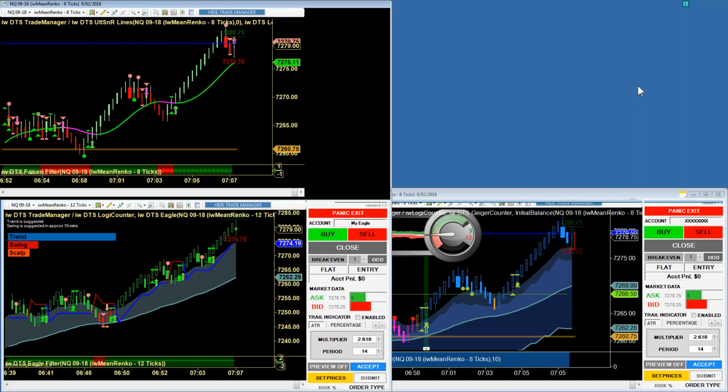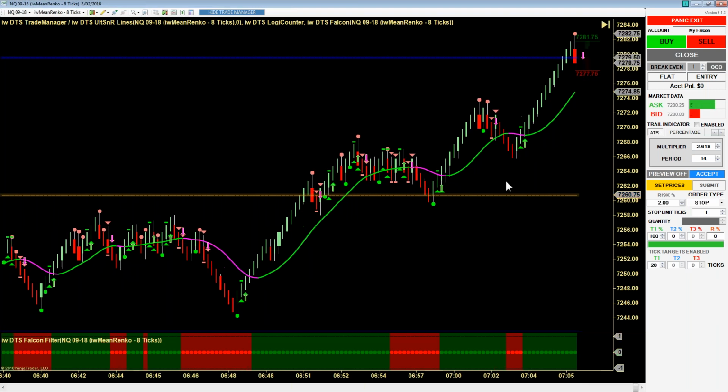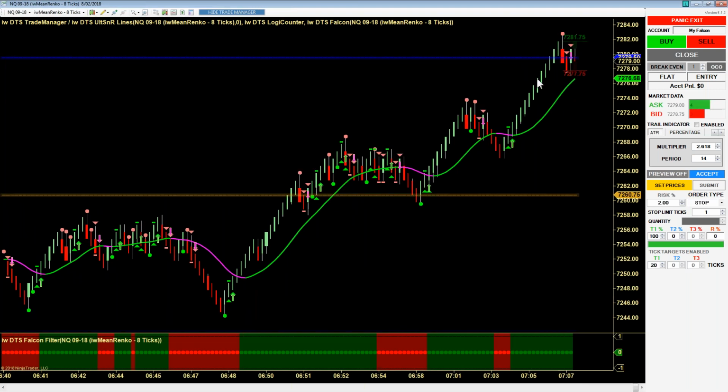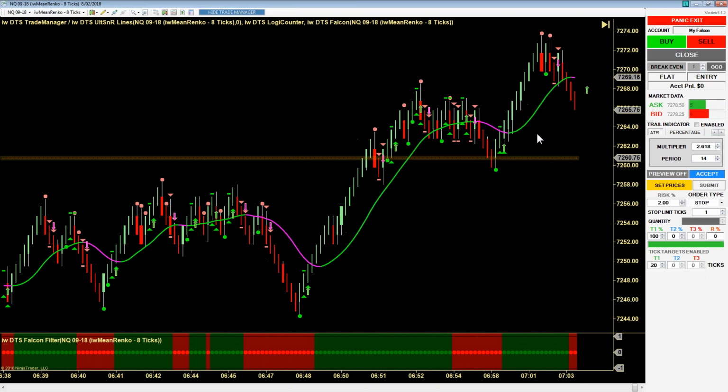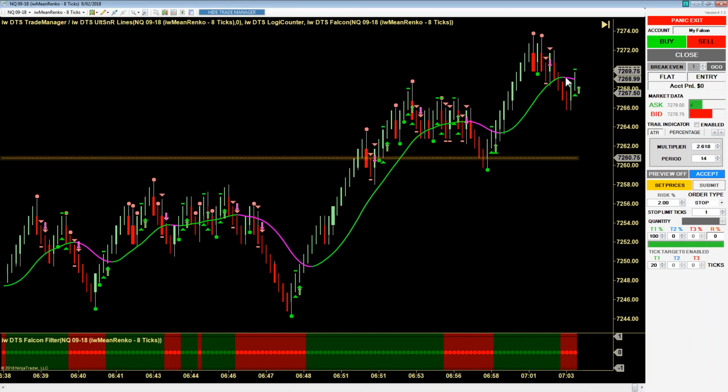Okay, Dan's asking, the signal on the Falcon at 72.70, is that a high probability signal? Well, I think you're referring to this one right here, and I would say no. Now in hindsight, you can see that it did go up, hit its profit target, but when it's developing real time, the trend line is starting to change color.